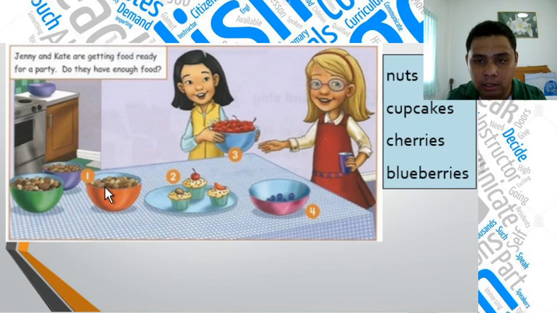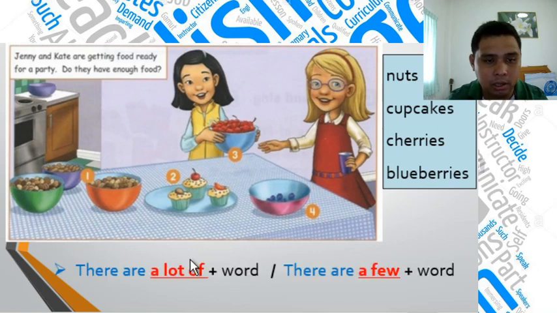So number one is the nuts. Number two, cupcakes. Number three, cherries. Number four, blueberries. Okay, so the words that we are going to use are these. There are a lot of plus the word that we practiced.